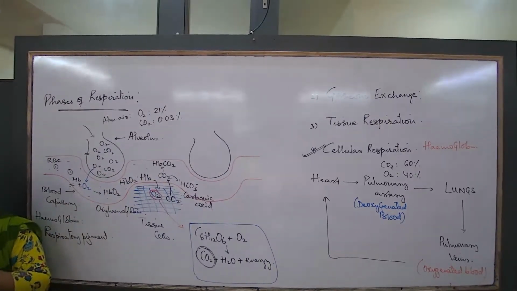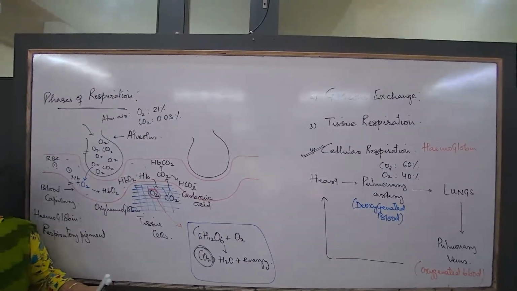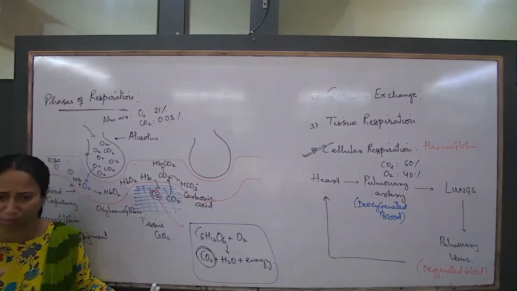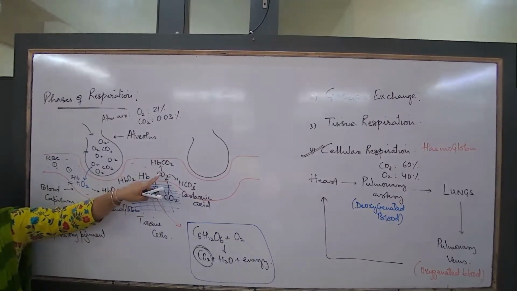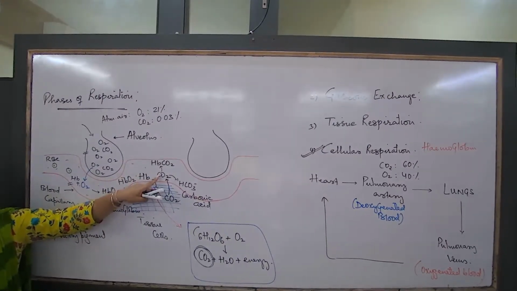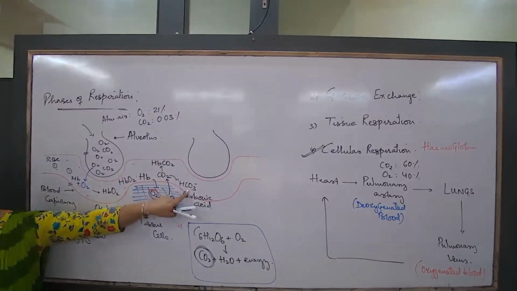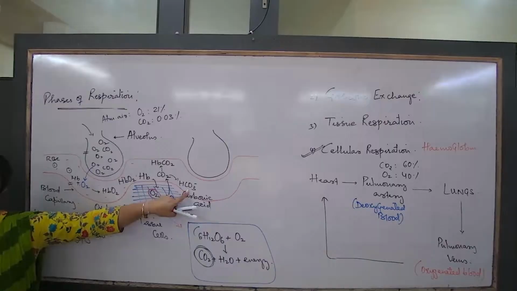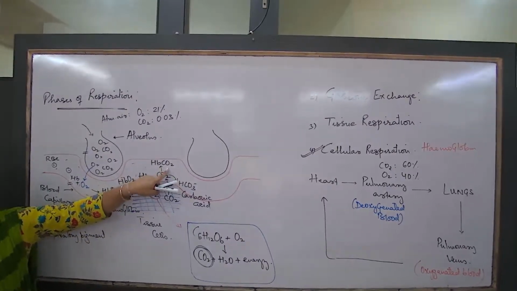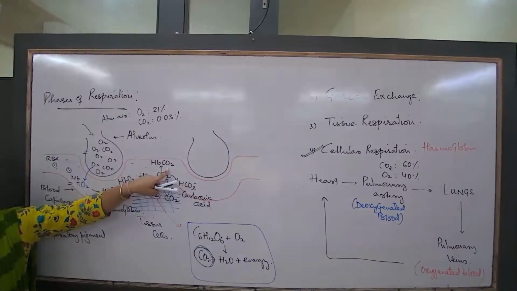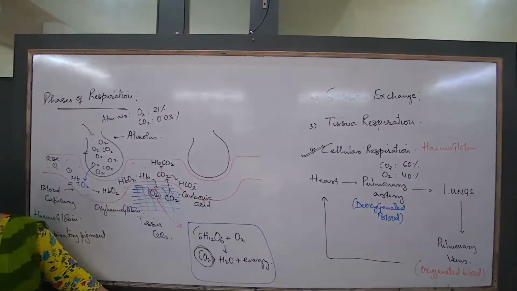No, only a small amount, because hemoglobin does not have a great affinity for carbon dioxide. So the bonding capacity of hemoglobin for carbon dioxide is less. This is why a large amount of carbon dioxide remains in the blood in the form of carbonic acid, and a small amount combines with hemoglobin, forming a temporary compound.